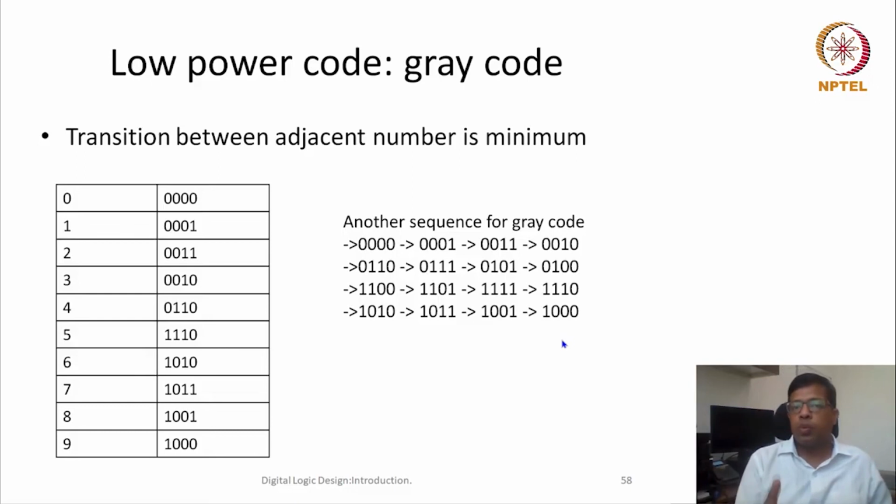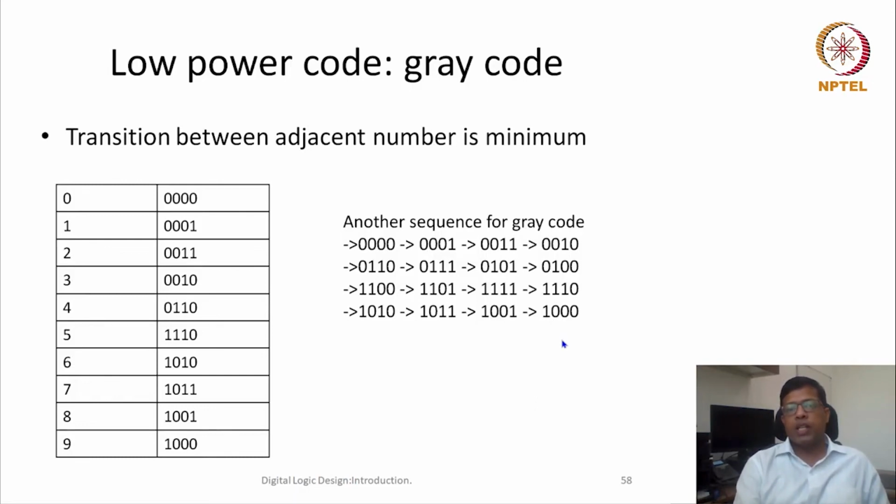Goals could be power, goals could be having less possibility of error, or ease of representation, or it could be aligned to the hardware which we are going to interface with.